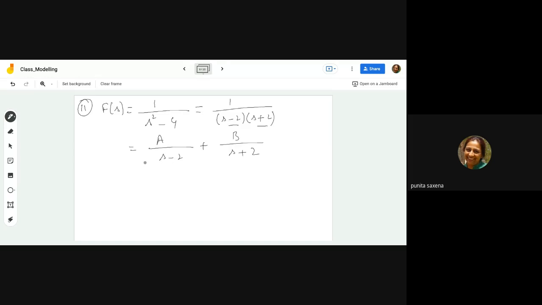This is simple, right? We have decomposed 1 upon s square minus 4 as this. Now we can always find capital A and capital B. Quickly, what will be capital A, what will be capital B?